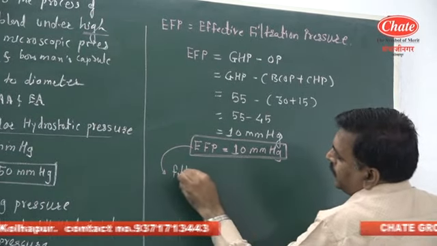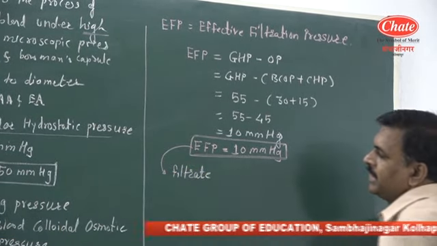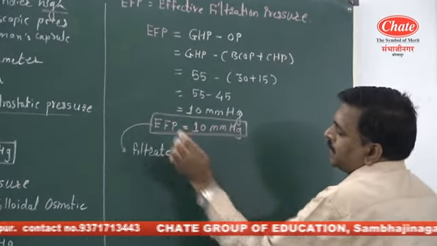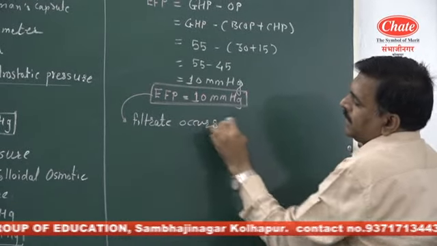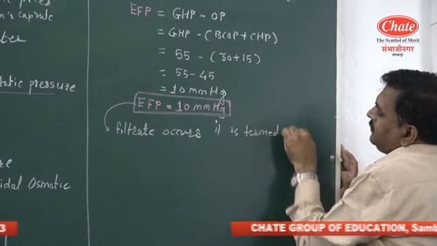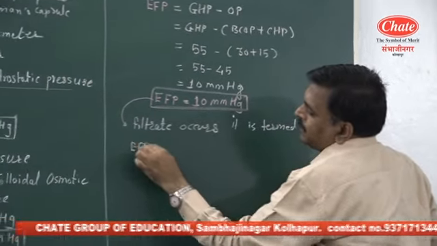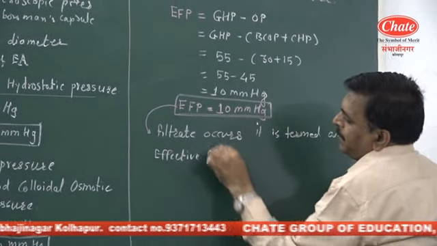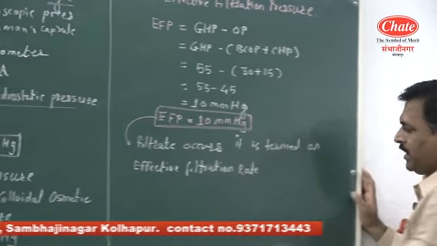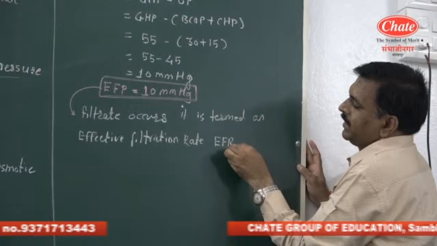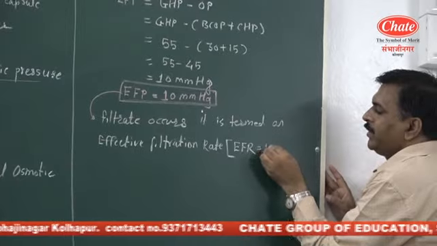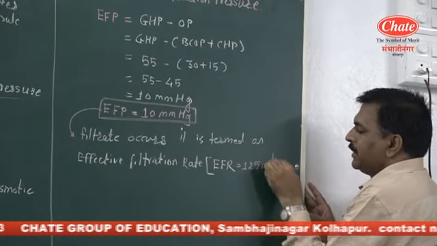This effective filtration pressure is responsible for filtering out the filtrate. Under this effective filtration pressure, filtration occurs, and it is termed the effective filtration rate, EFR. In a normal person, it is 125 ml per minute. This also becomes an objective: what is the effective filtration rate?